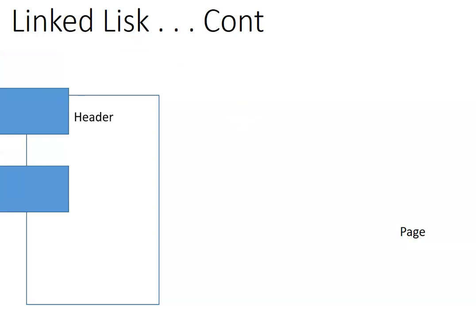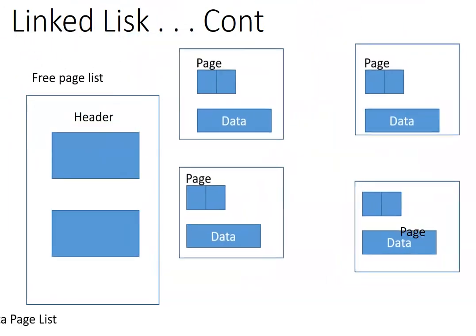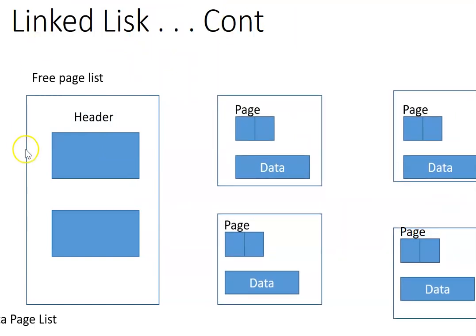So if you look at this example, this is now a linked list with many pages. You have the header for the free page list, and then you have a header for the data page list.